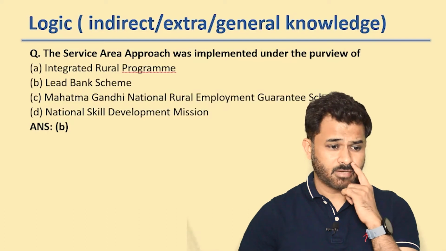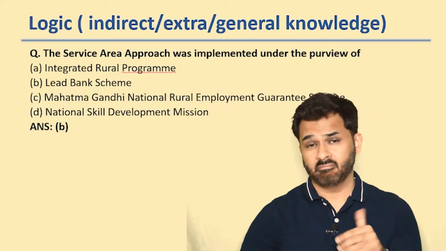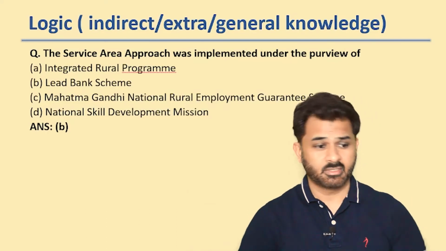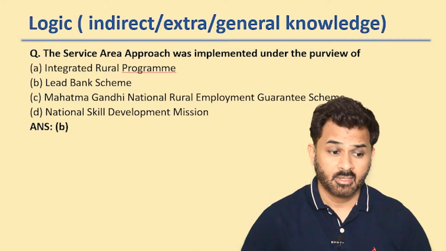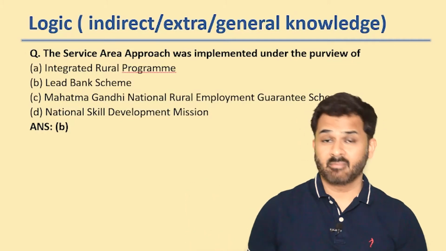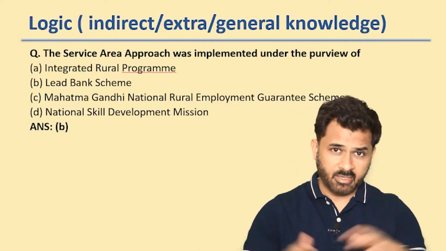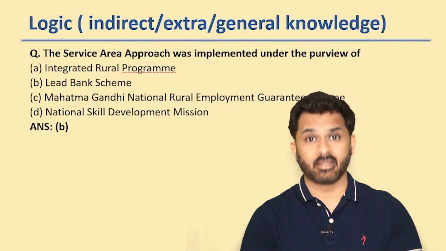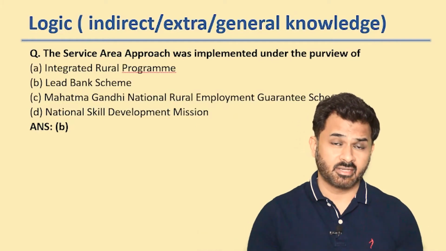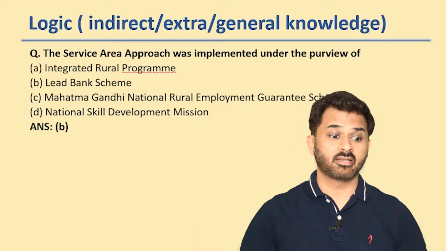Now in this case, service area approach. Maybe you do not know about this term service area approach with respect to these schemes, but you know something about the scheme. For example, if you have read about the lead bank scheme, we know that in every district there is a lead bank, right? So every district means a district is an area, so it's likely to be the service area approach.